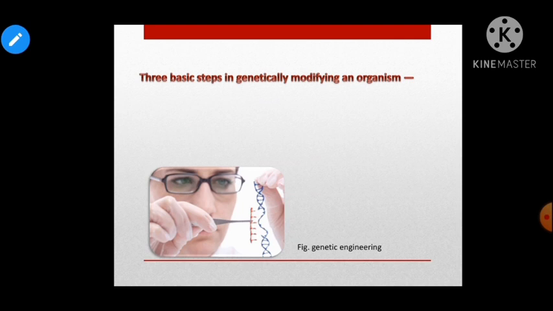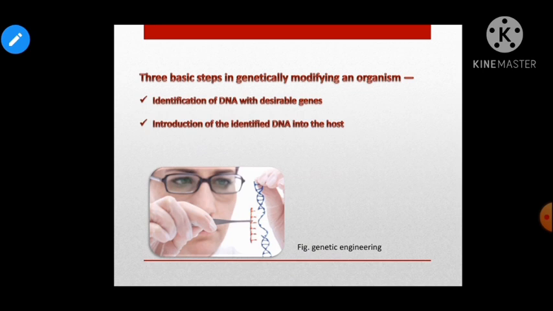Children, there are three basic steps of genetically modifying an organism. The first one is identification of DNA with the desirable gene. Second is introduction of the identified DNA into the host. And then maintenance of the introduced DNA in the host and transfer of DNA to its progeny.